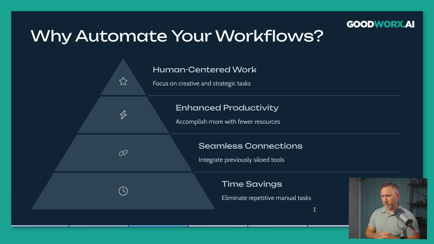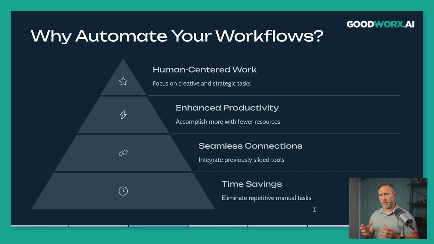Another great feature of automation is it's a connector. So think about all the different applications and tools that you use on a given day. You've got Gmail, you've got Google Sheets, you've got Asana, Slack, your CRM, whatever it is. You've got all these different tools that you use, and they're all siloed, they're all distinct, they're all built by different software companies.